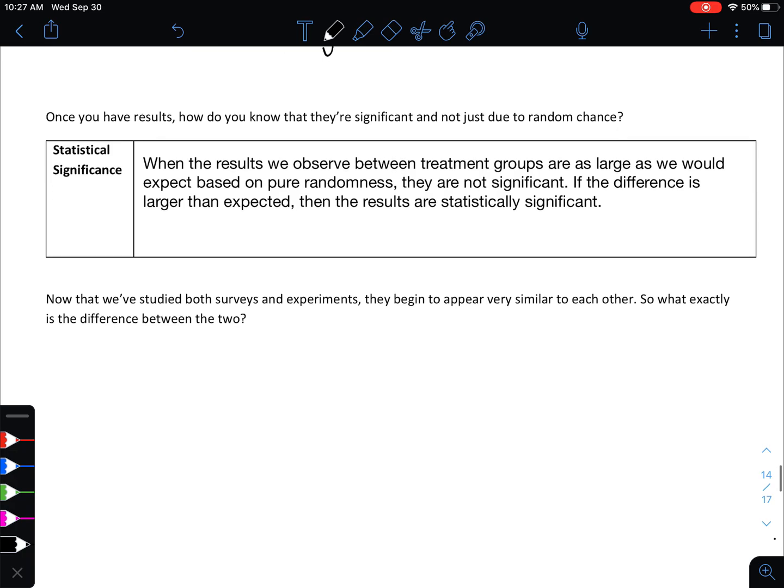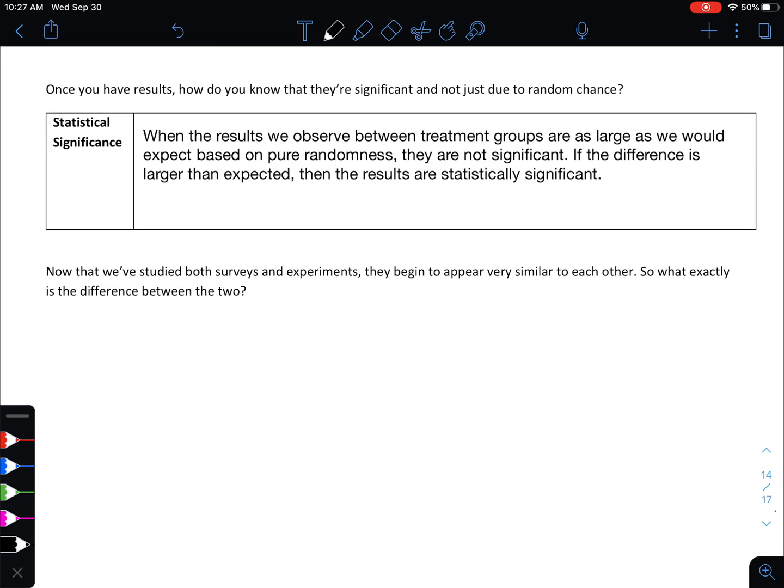Now, once you have the results, how do you know if they're significant or not just due to random chance? And so that's the idea of what's called statistical significance. So when the results that we observe between treatment groups are as large as we would expect, just based on pure randomness, so just based on the fact that they just happen that way, then we're going to say that they're not significant.